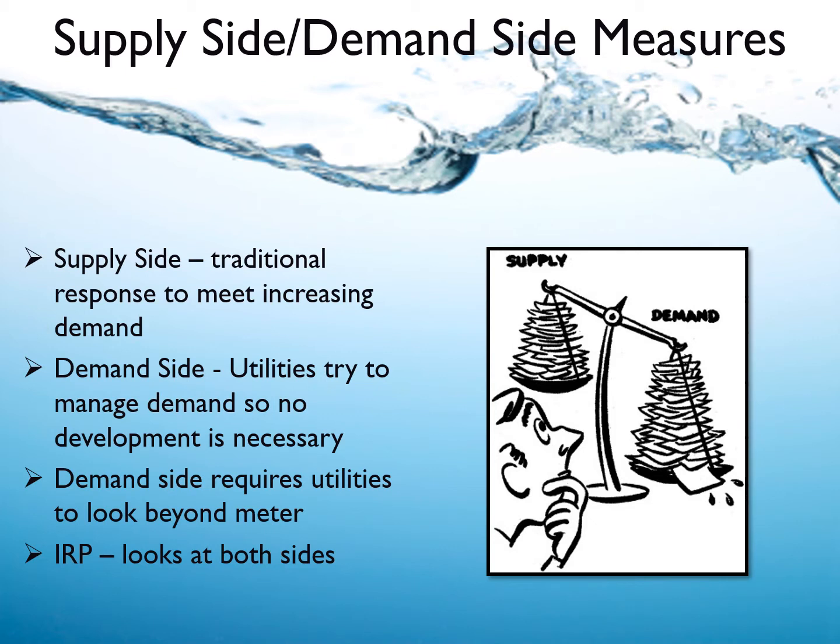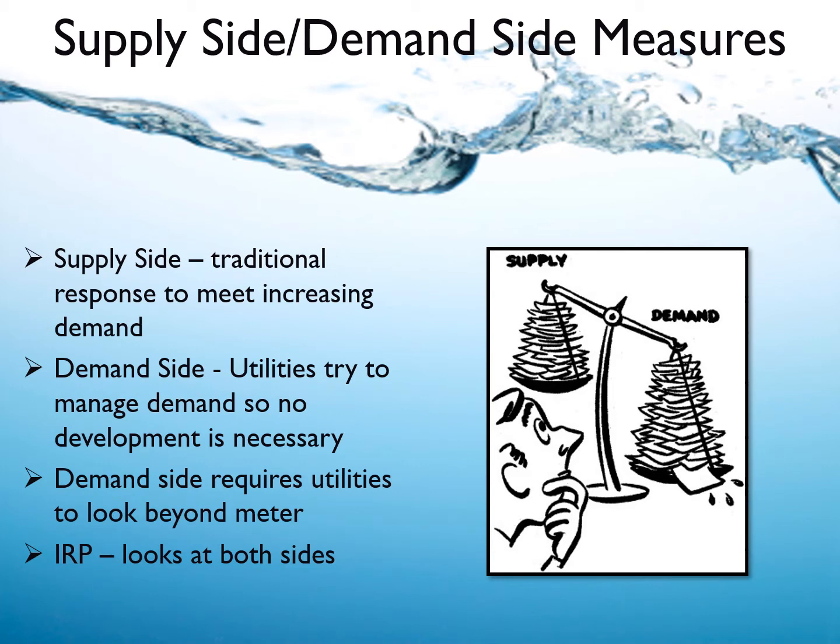Demand side is local. That's where we try to reduce water use at the source, at an individual's house. Now, the difference is kind of complicated in one way. Supply side is a lot more expensive. If you're going to build a dam, build conveyance, build treatment plants, that's very, very expensive.